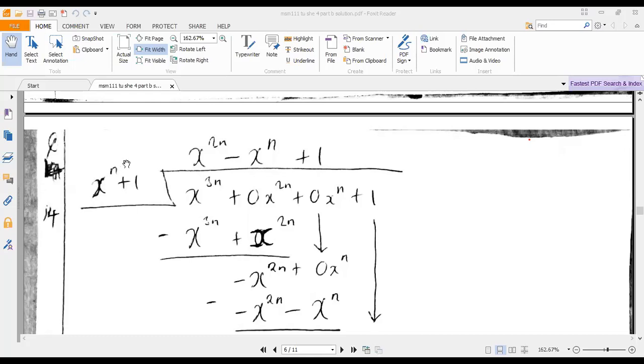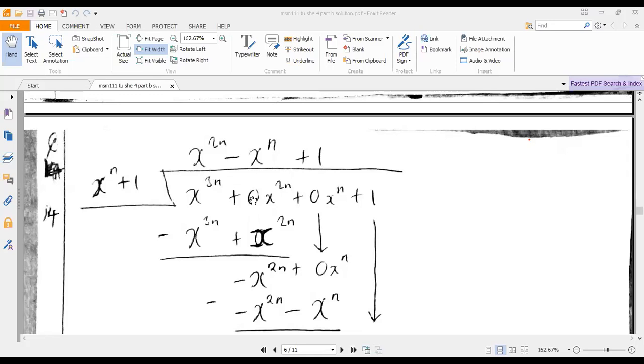If you are comfortable with the synthetic one, please use it. Yeah. So we know that this guy we're dividing into x to the power 3n, try to ignore this part for now, plus 1, isn't it? But keep in mind that there is also x to the power 2n here, but the coefficient is 0. That's not appearing in our equation or in our question.